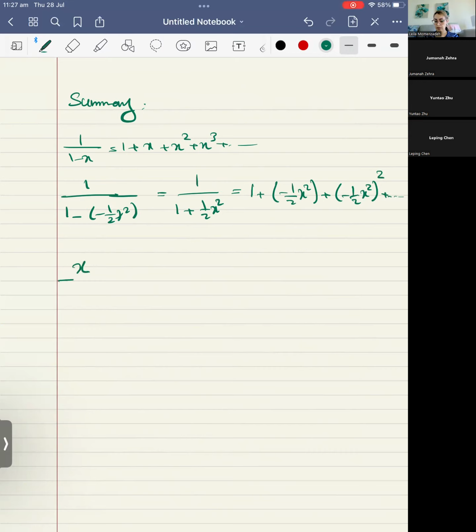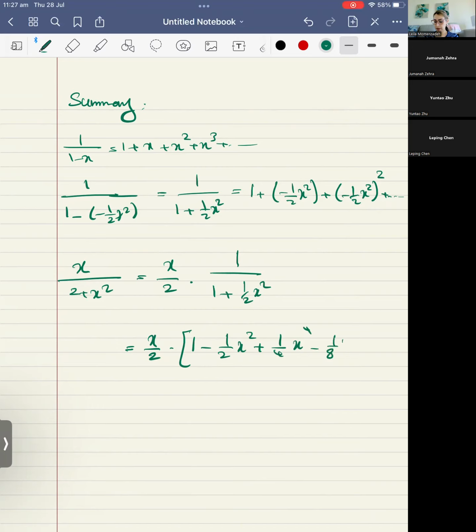And if I write x over 2 plus x squared, it is x over 2 times 1 minus 1 over 2 x squared plus 1 over 4 x to the 4 minus 1 over 8 x to the 6 and so on.